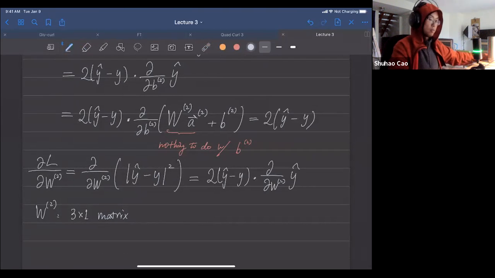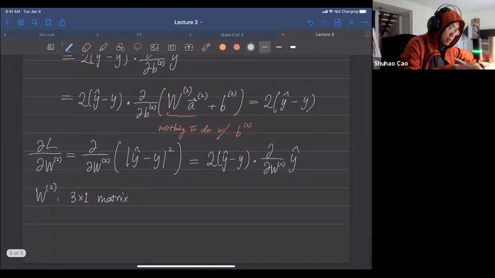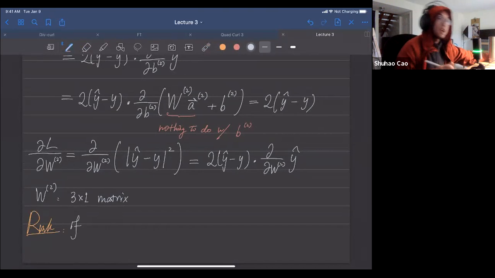And I do want to have a remark on notation. What it means to take a partial derivative, or say a gradient, with respect to a vector.